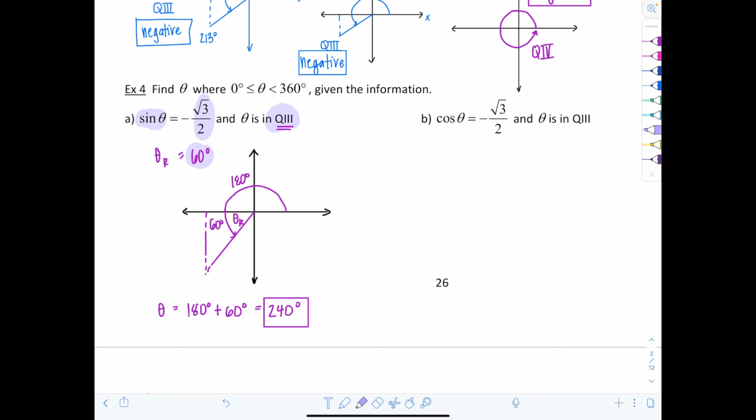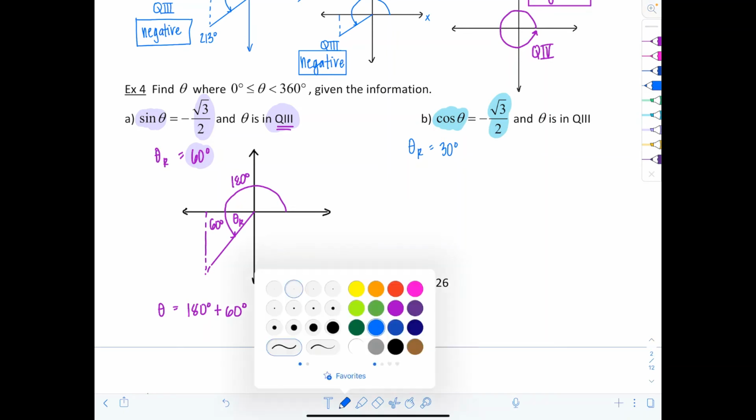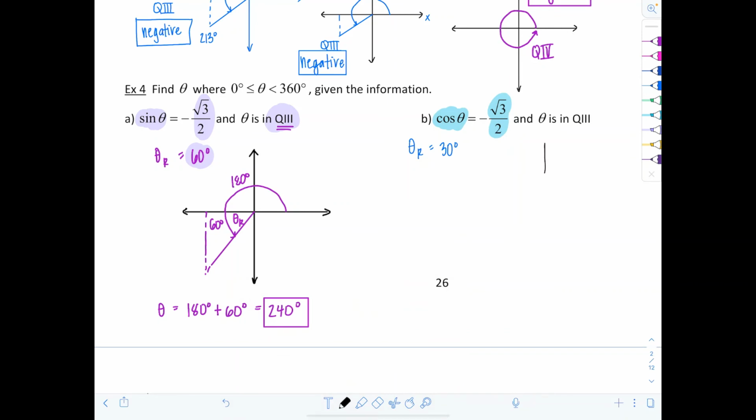Okay, let's try another one. So cosine of theta is negative rad 3 over 2, and theta is in quadrant 3 again. So as soon as you see, okay, cosine is equal to rad 3 over 2, don't worry about the negative just yet. That means the reference angle is equal to 30 degrees. That's just from memorizing the values. Okay, we've got a 30-degree reference angle, and then we need to end up in quadrant 3. So super similar to last time.